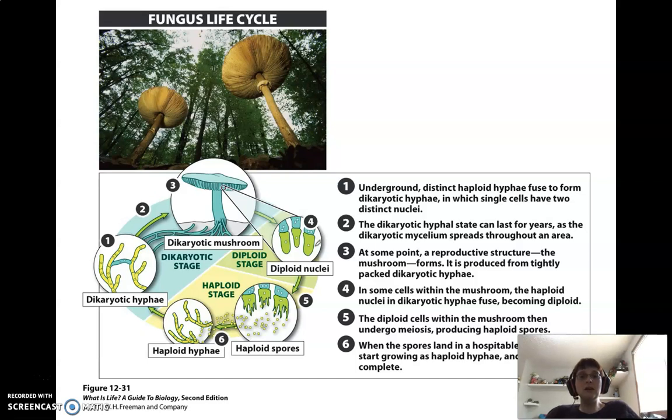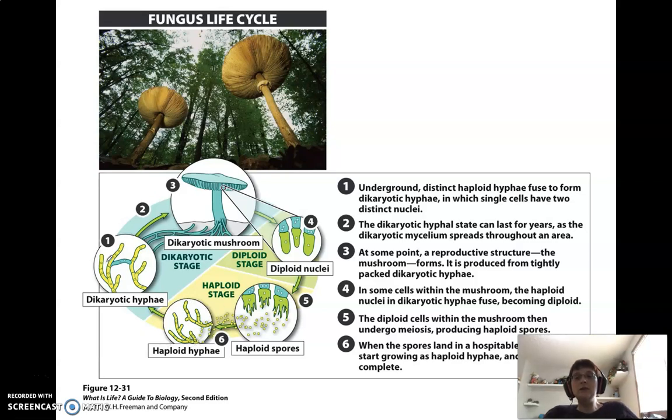So these guys are going to undergo meiosis, and make haploid spores and bust open. Those spores are going to get blown around by the wind and eventually land in some sort of habitat, soil, a damp area, whatever it might be for that specific fungus. They'll start growing hyphae. They'll start growing those hairs to make a mycelium.